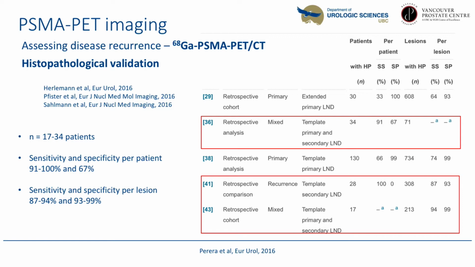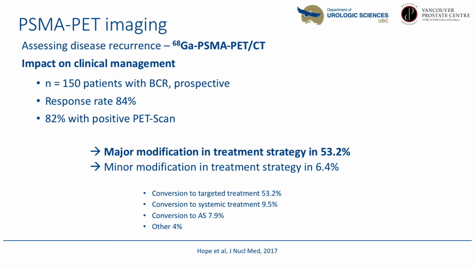The next question now, of course, is does it affect how we treat our patients? Did they correlate that with tumor grade in that histology study? Are poorly differentiated tumors less sensitive? No, they're just as sensitive. In the less differentiated tumors, PSMA expression goes up, so the sensitivity actually goes up as well.